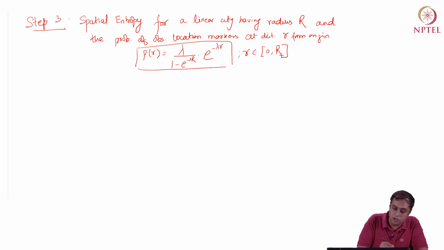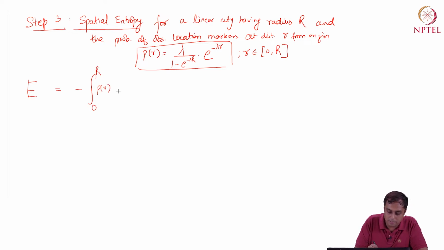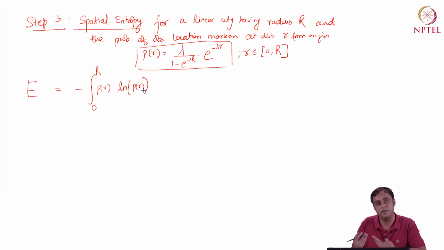So then, what would be spatial entropy? Well, it will be capital E equals minus integration from 0 to R of P(r) times log of P(r). This definition we have studied in the previous lecture. I'm just writing it again, right?